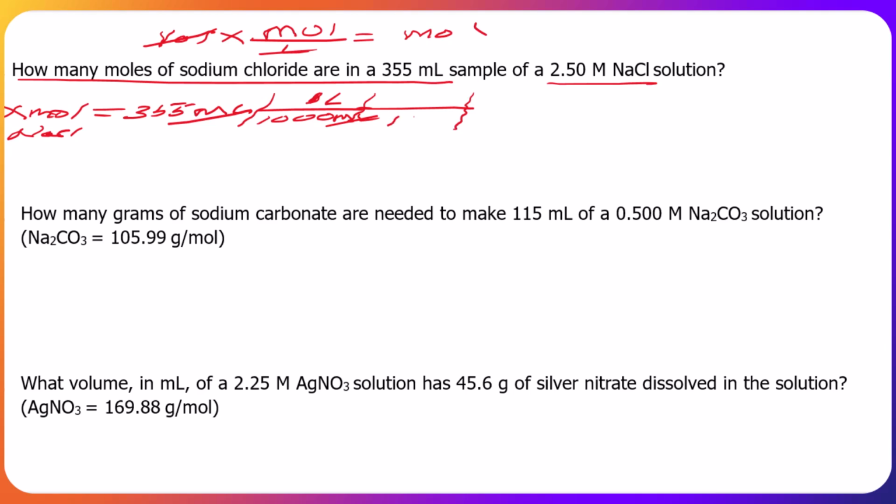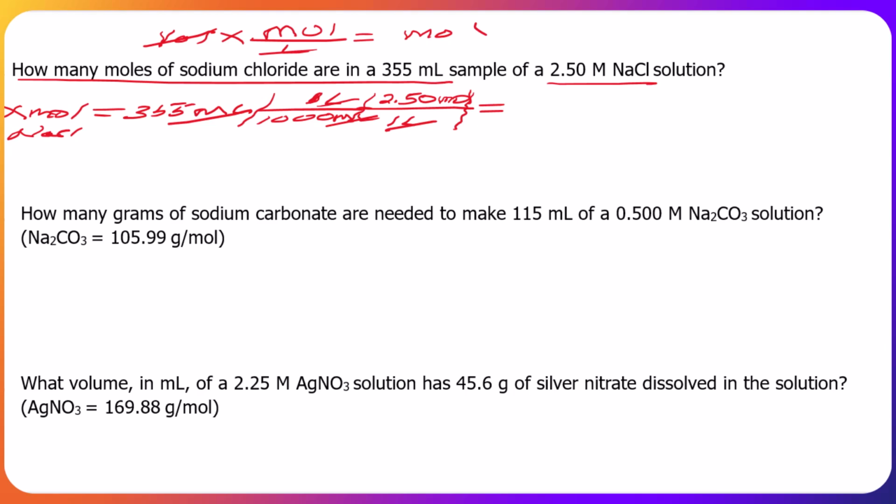I have 1 liter down here, and then 2.50 moles, because molarity is equal to moles over liters. So when I multiply and divide, the liters cancel, and I wind up with moles.